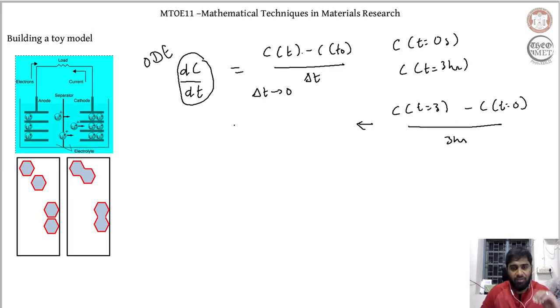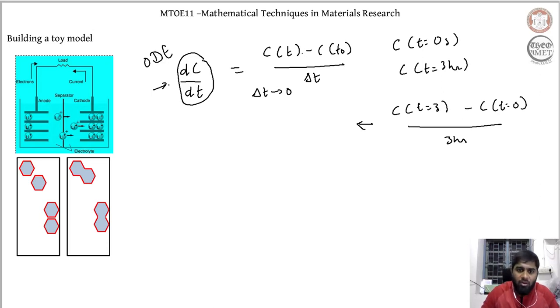So when we are talking about a fast charging aspect, this is what mathematically we are dealing with. We are trying to understand with time how the charge of my phone is changing. Now this is an exact translation of what charging of my phone means into a mathematical expression.